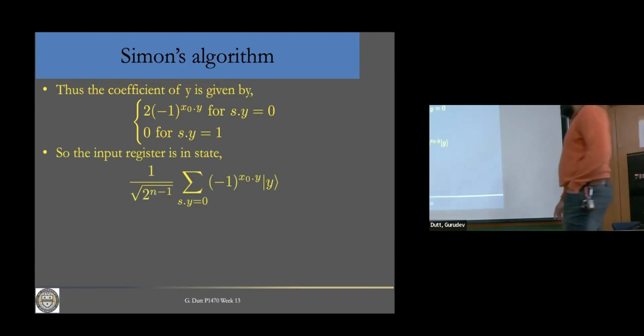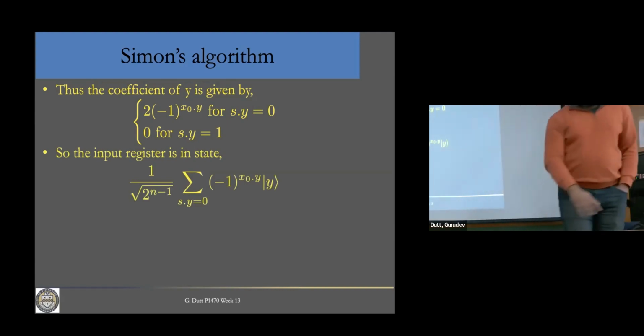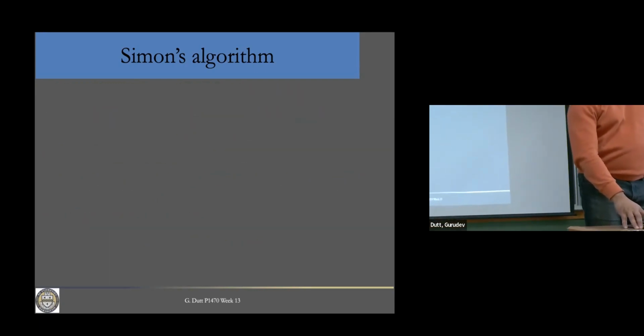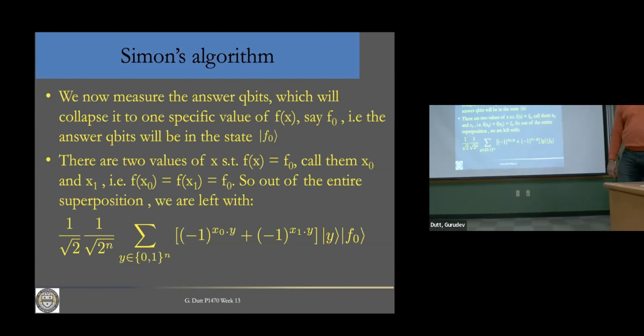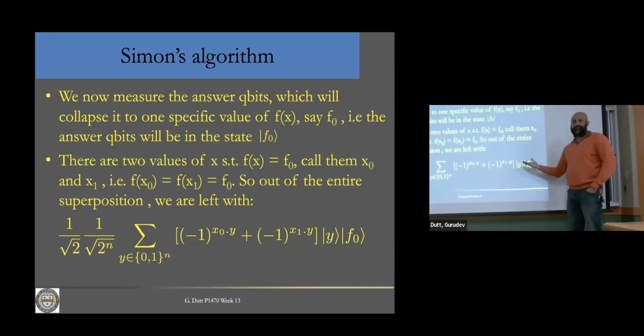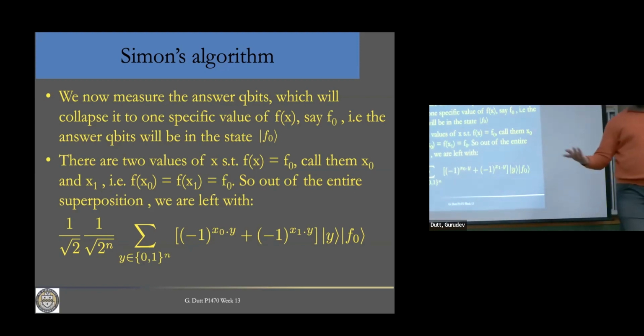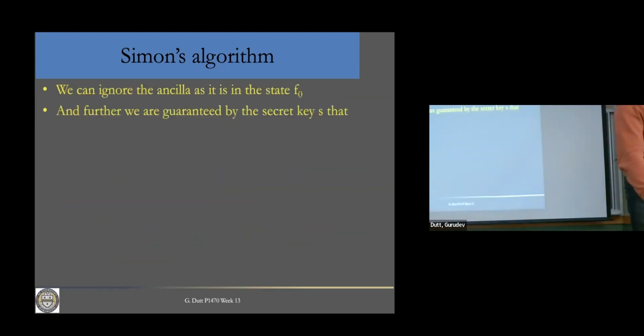And so if I substitute all that back, out of all the possible input strings y, only the ones such that s dot y equals 0 will be left behind. All the other ones will give me 0.